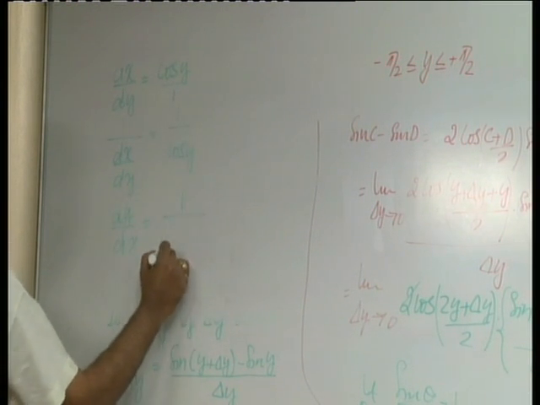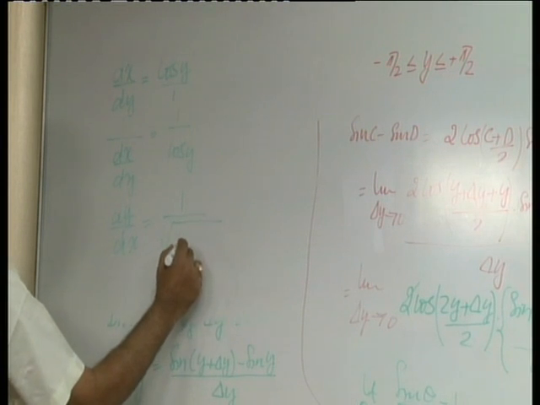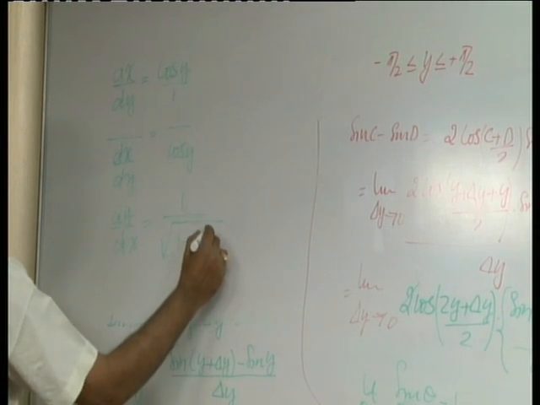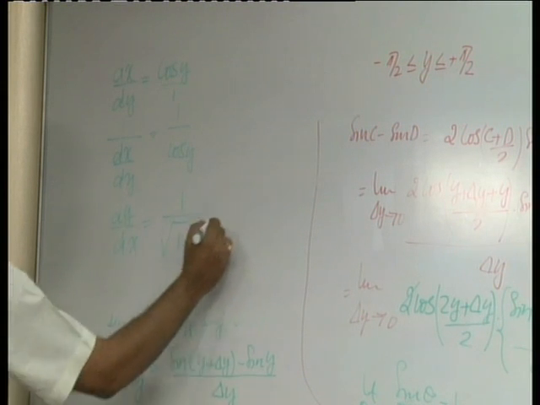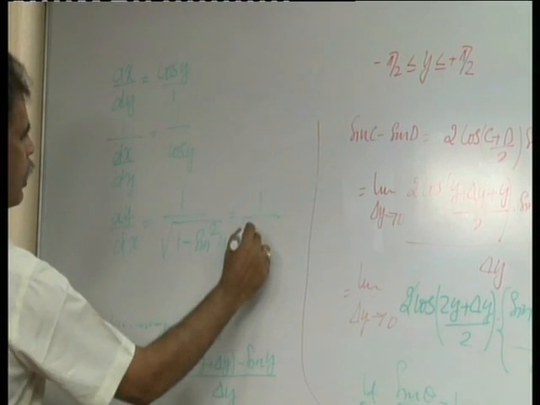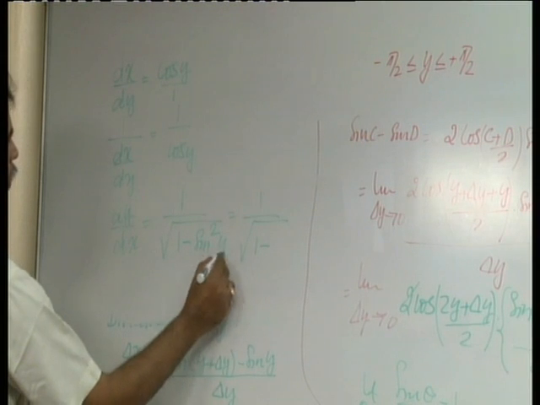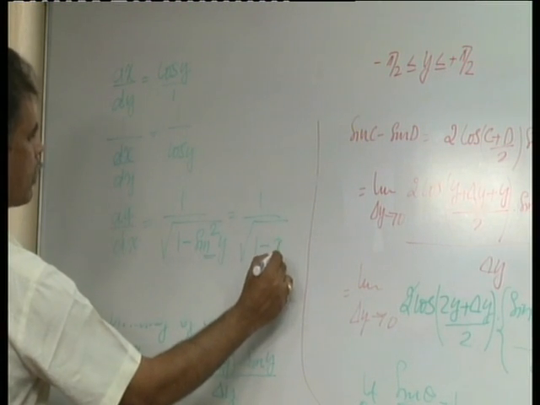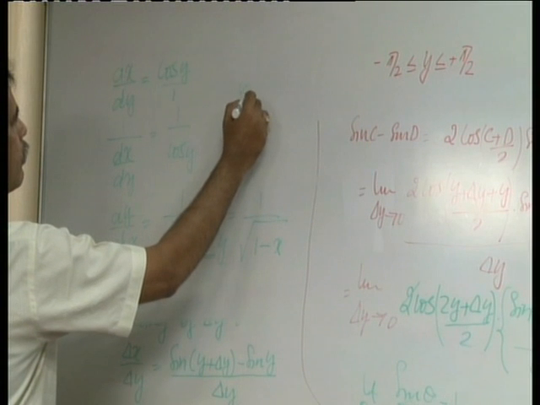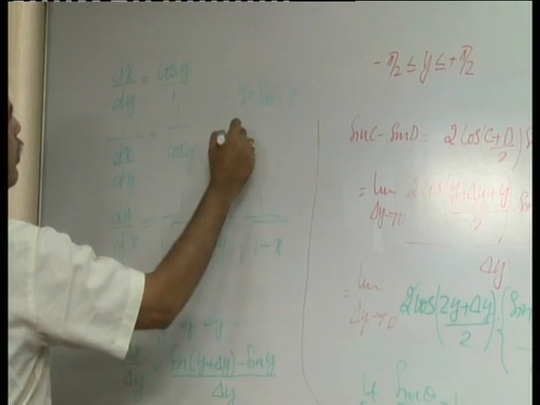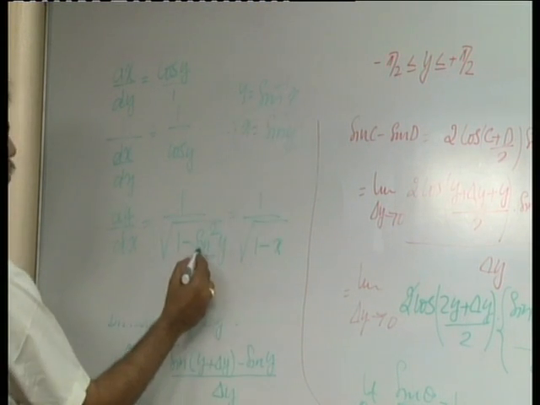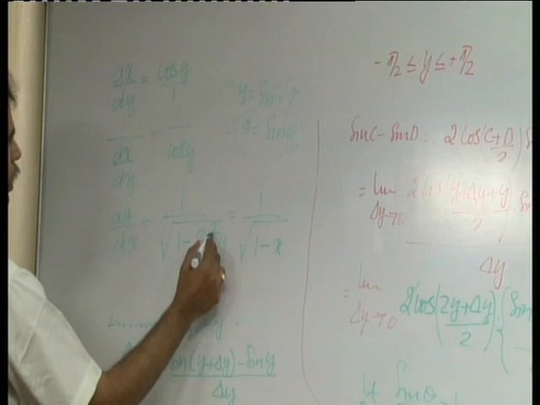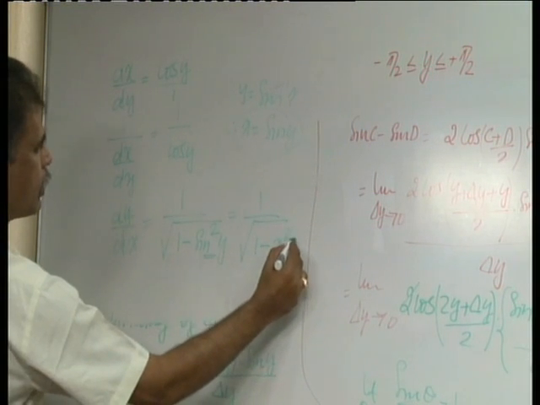I will write cos y as root of 1 minus sin square y. So, sin y we took as x, because y is equal to sin inverse x, therefore x is equal to sin y. Based on this, instead of sin y we can substitute x, so sin square y will become x square.